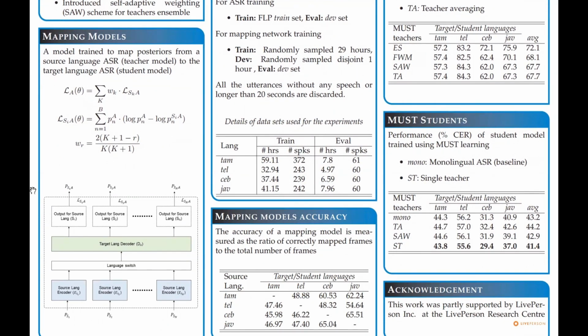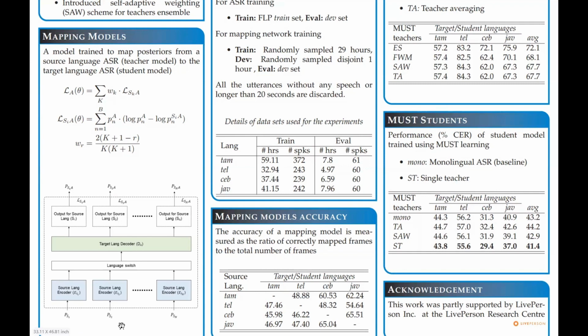A mapping model, for a target language, is basically a model which transforms the posterior distribution from one acoustic model to the other. For example, for a target language, we get an inference of this language's utterance from source language ASR models.